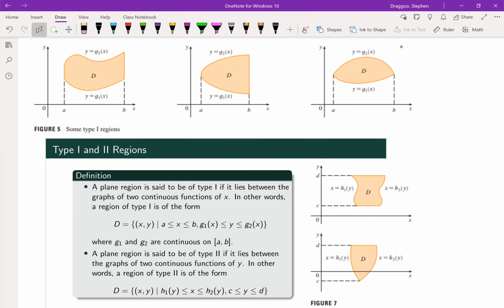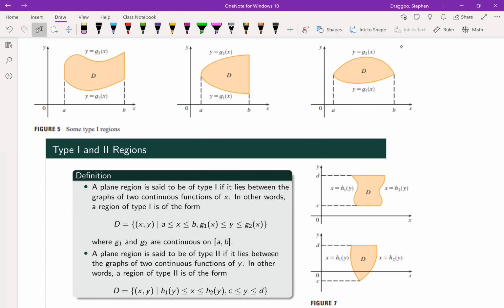So we're going to call these two new types of regions type 1 and type 2. The type 1 and type 2 names aren't overly important, but being able to recognize what they look like and what they mean is going to end up being important.